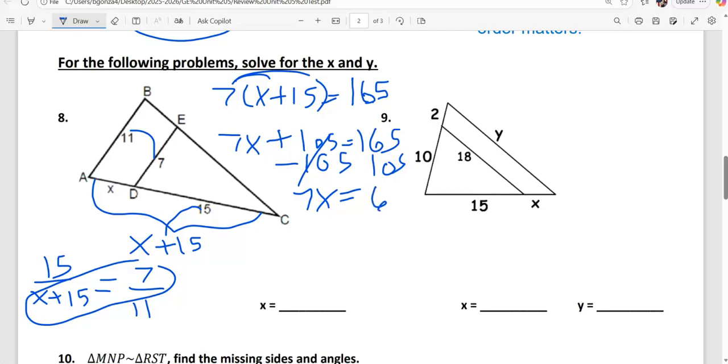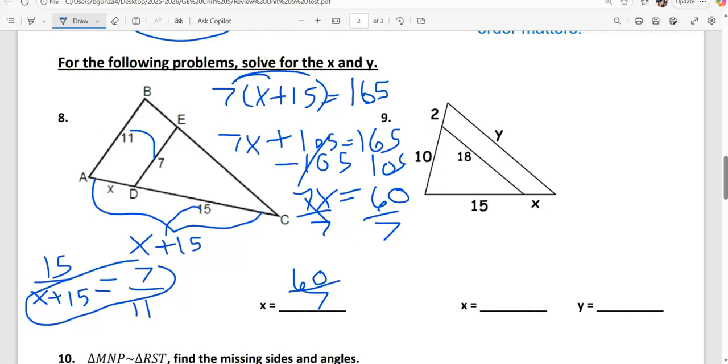And then we get 60. And we divide by 7. All right, whatever that equals is what you get.